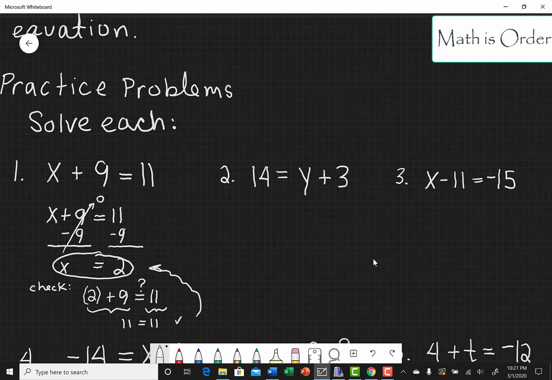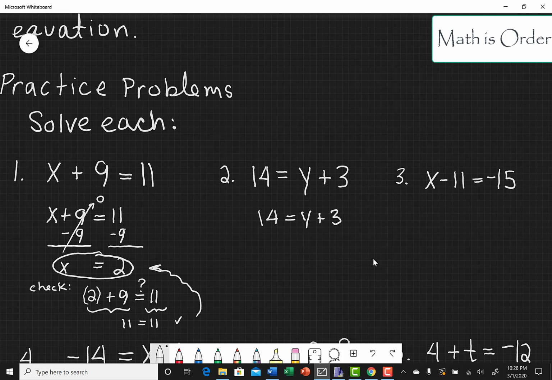I'm going to go ahead and rewrite the question first. All right, here our goal is to get y by itself, right? So we got to isolate y on the side all by itself. Now, in order to get y by itself, we have to remove that 3 somehow.